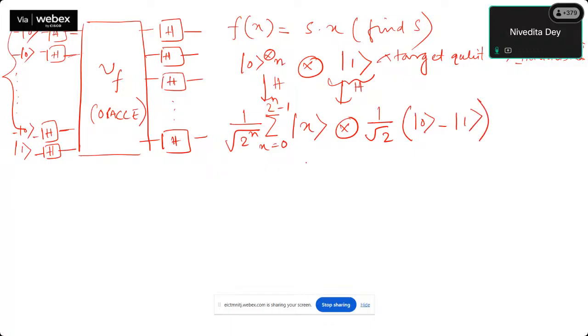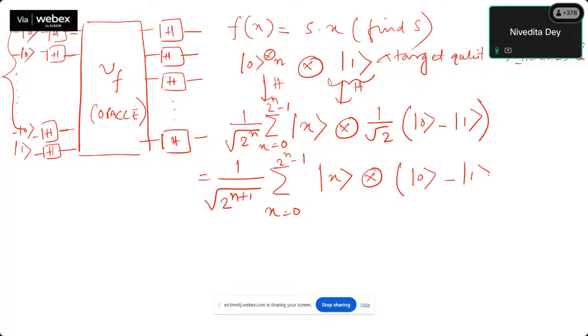If I merge all of them together, it will be 1 by root over 2 to the power n plus 1, for obvious reasons, into the sum over x equals 0 to 2 to the power n minus 1, ket x tensor ket 0 minus ket 1.